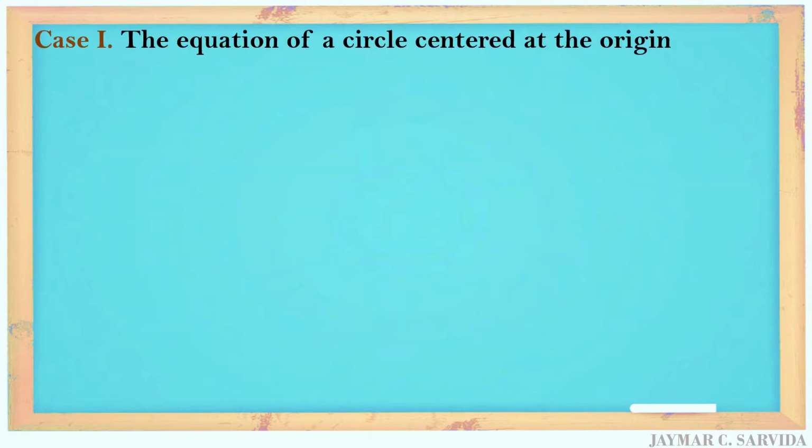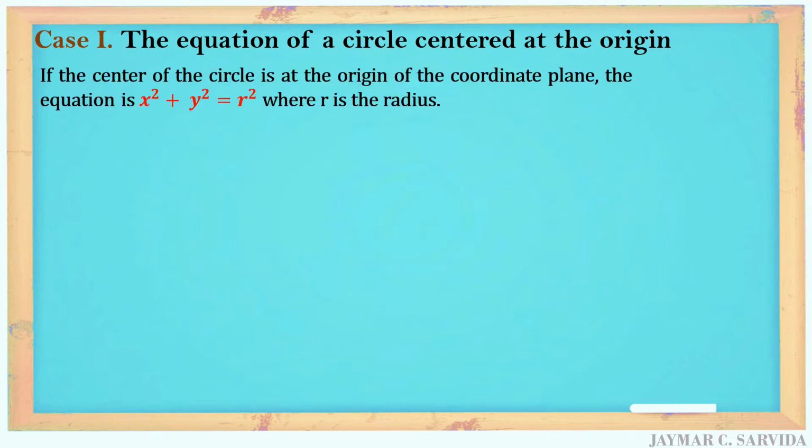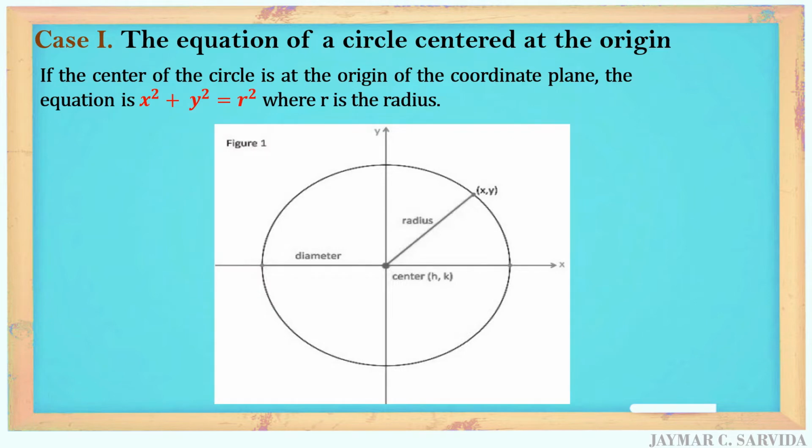So case 1, the equation of a circle centered at the origin. If the center of the circle is at the origin of the coordinate plane, the equation is x² + y² = r², where r is the radius. So here's the illustration for case 1.